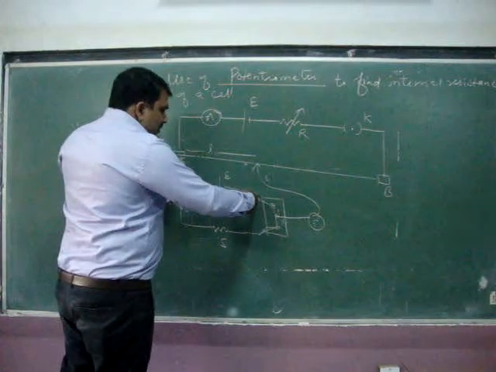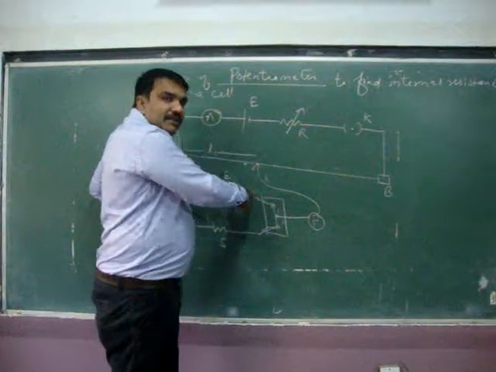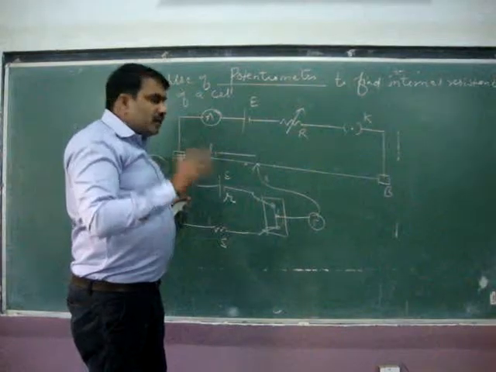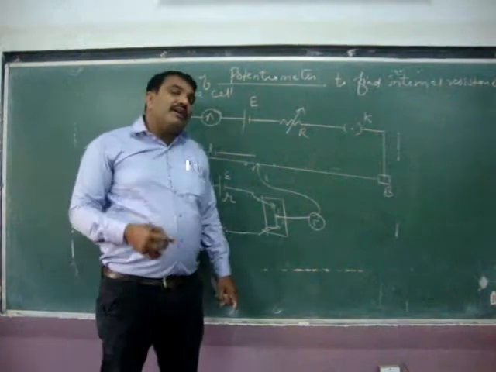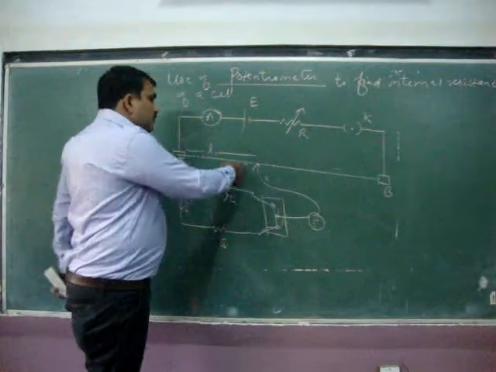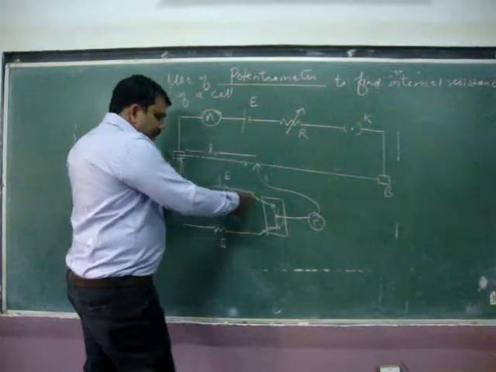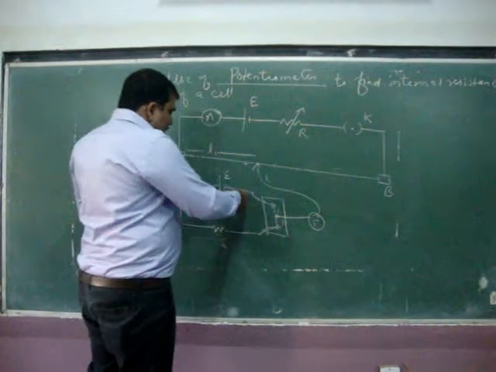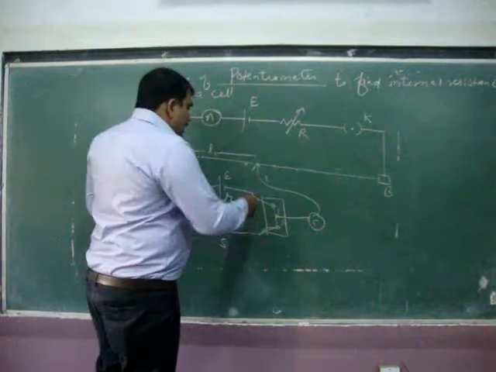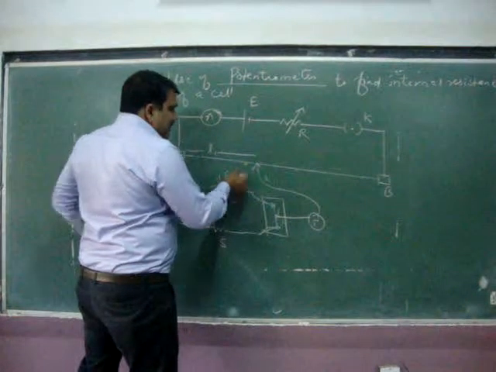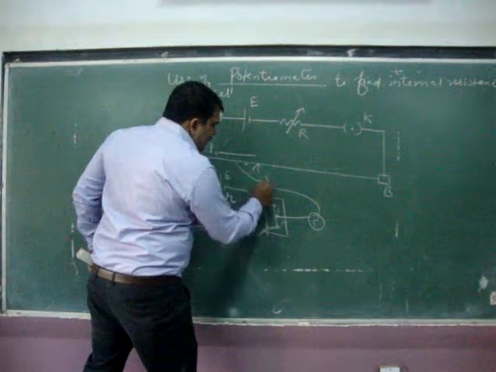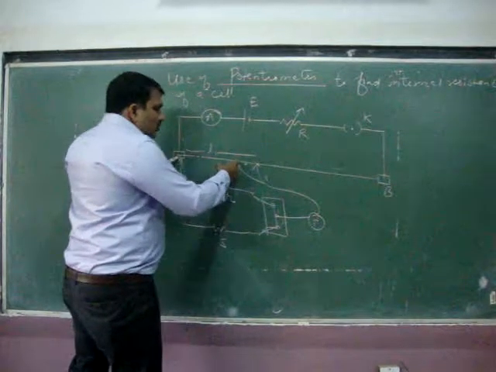So the voltage across this will be less than EMF, the terminal potential difference. Now if you find the null point on the potentiometer wire, to balance that lesser terminal potential difference you will have to take a lesser length. So you can easily find the null point at some lesser length, suppose L2.